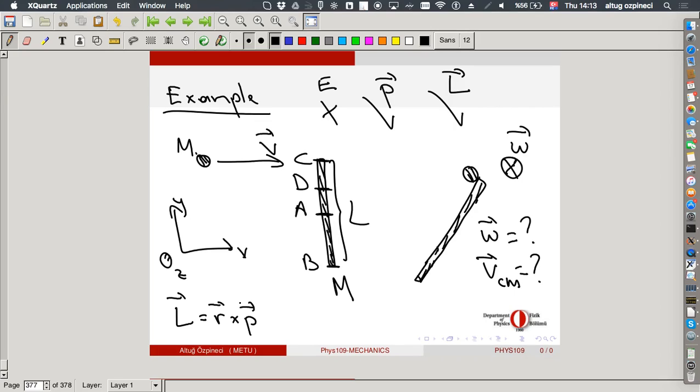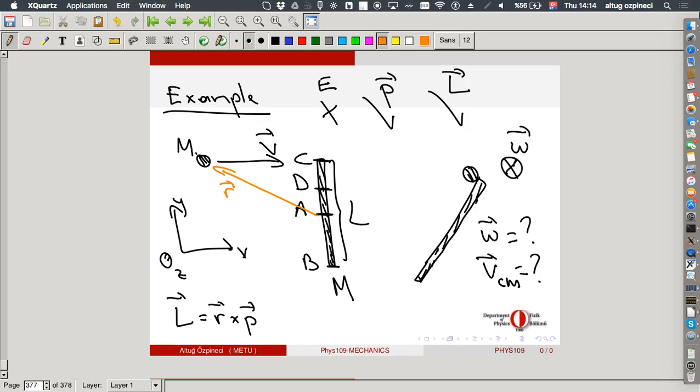So the initial angular momentum is completely due to this mass. What is the angular momentum of that mass? What is the direction of the angular momentum? So let's say this is R. Inside.